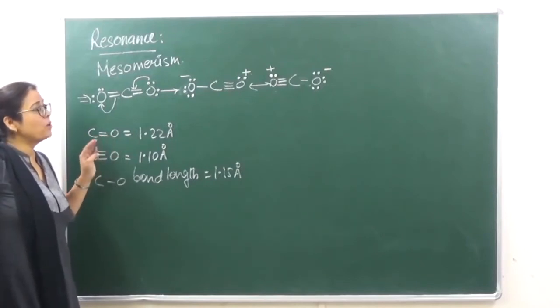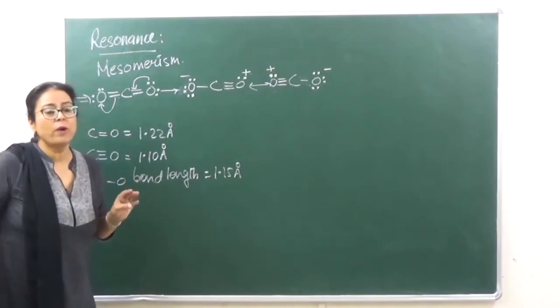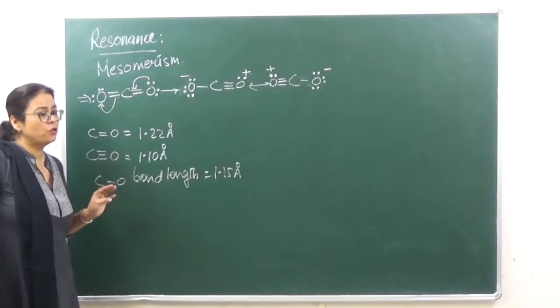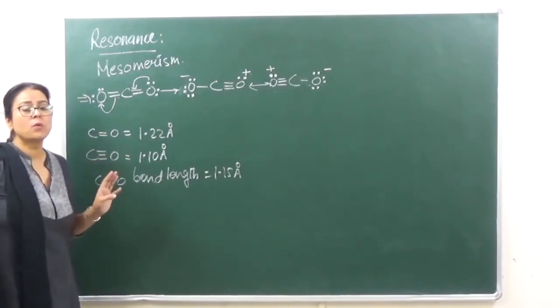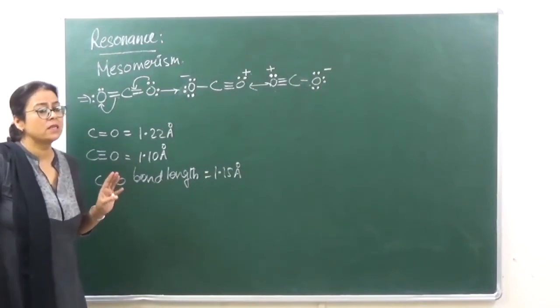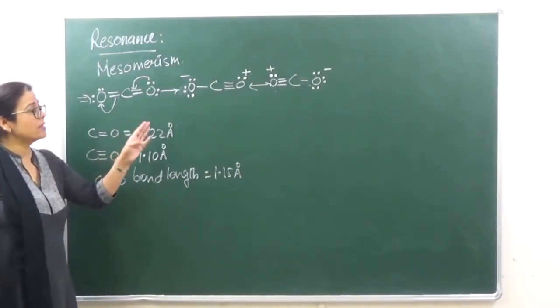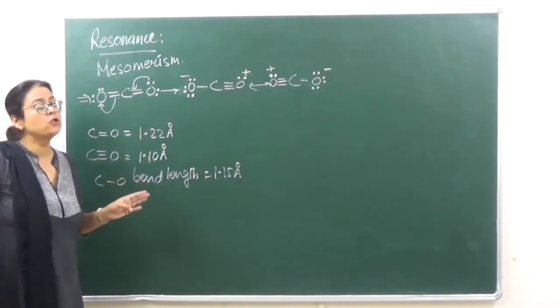So whenever one particular structure is unable to explain the characteristics of that particular molecule, it is suggested that the molecule does not exist in one structure, but it exists in more than one structure, right? These more than one structures are known as the resonating structures or the mesomeric forms.